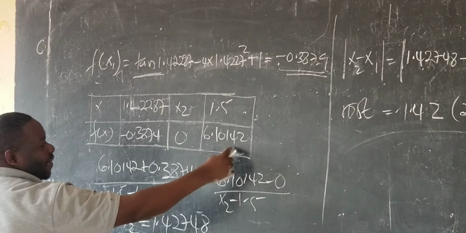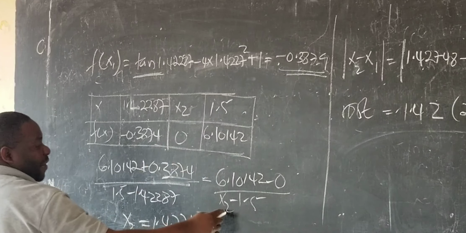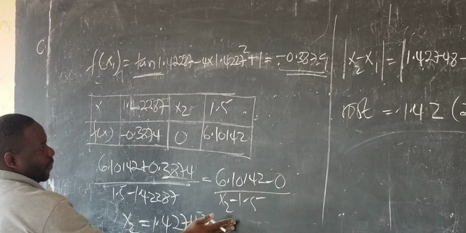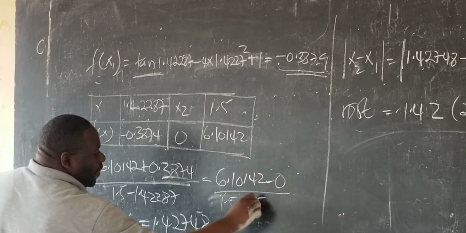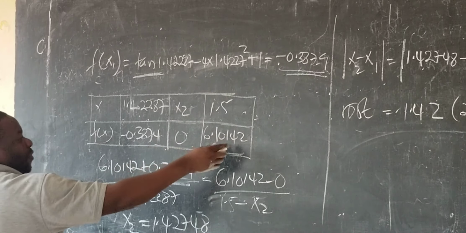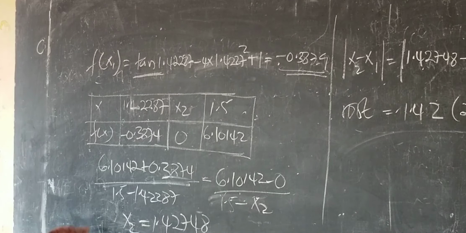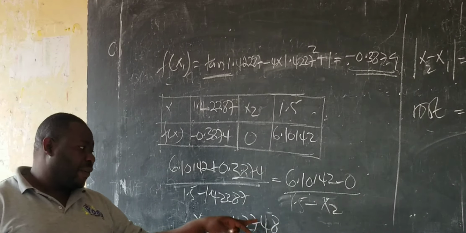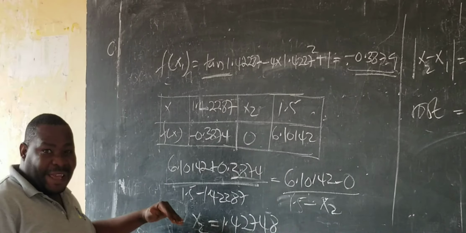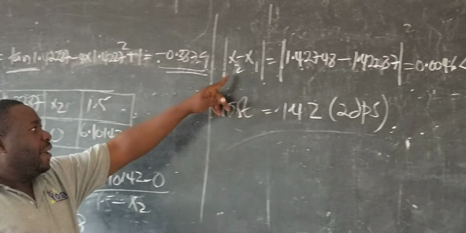You do the same thing: change in y, this value minus 0, then change in x, 1.5 minus x2. So when we do the math and we make x the subject, we come up with the value x2 equal to 1.42278.